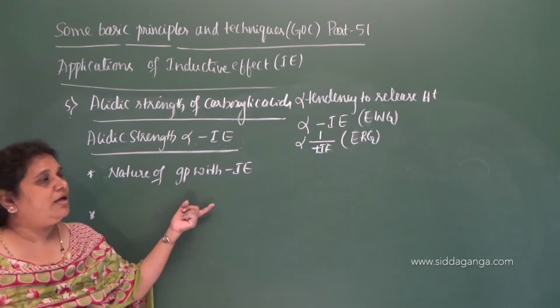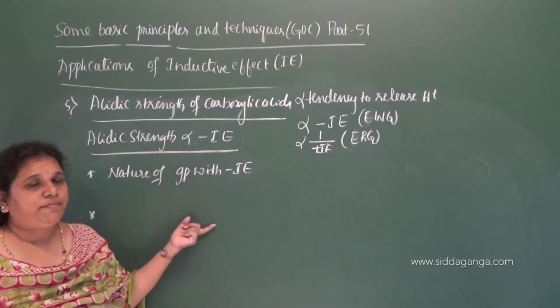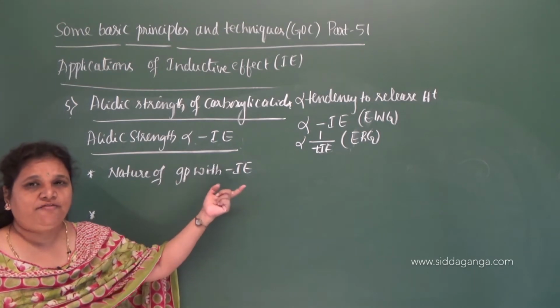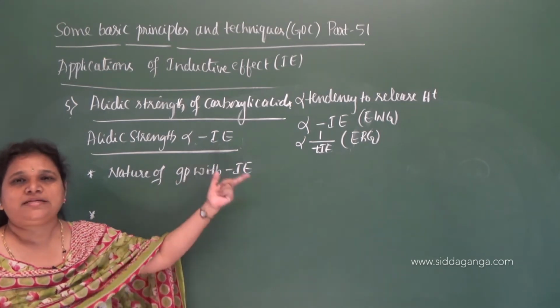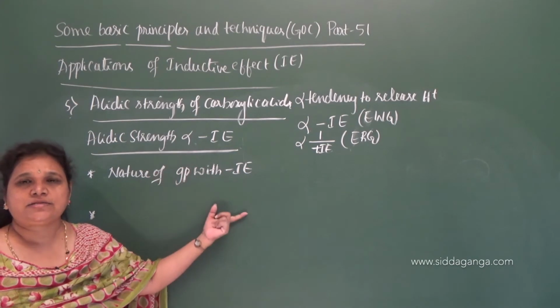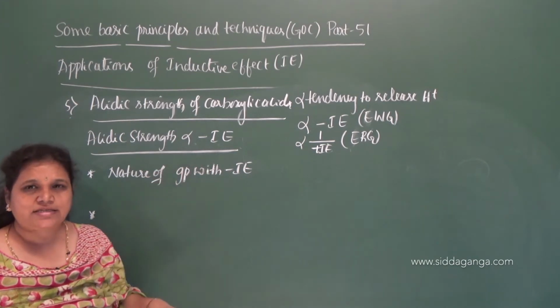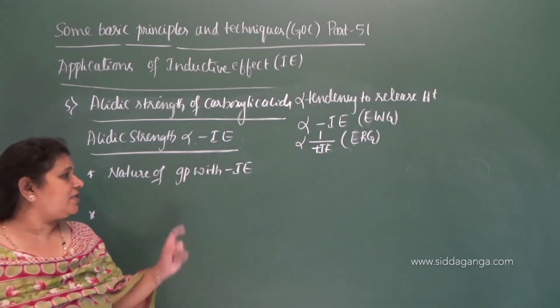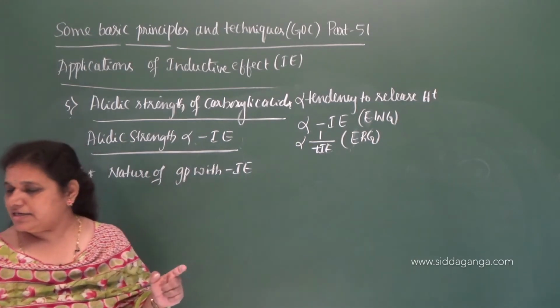Depending on that, the acidic strength mainly depends on the nature of the group with minus I effect. Means if a group exerts more minus I effect, more is the acidic strength. If the magnitude is less, then acidic strength decreases. So that gives the nature of the group with minus I effect.